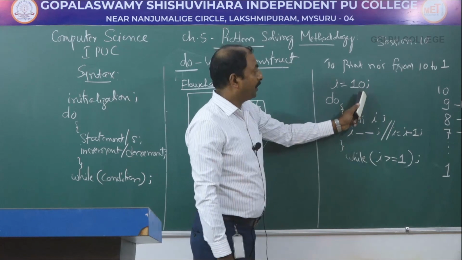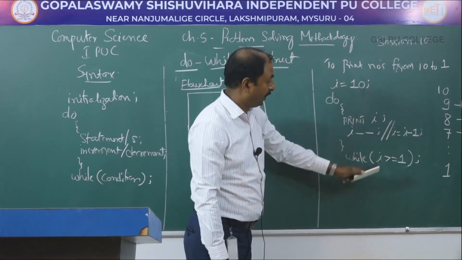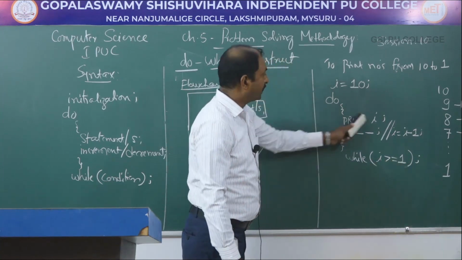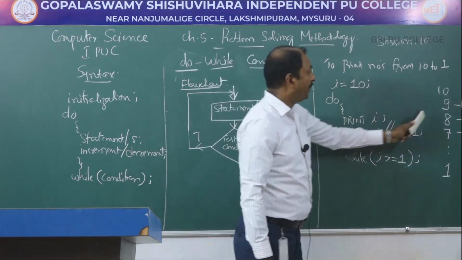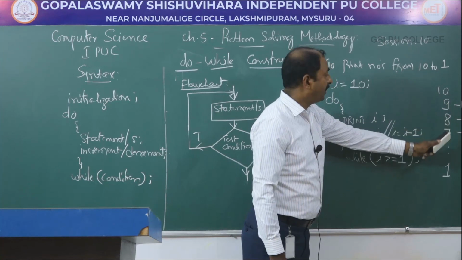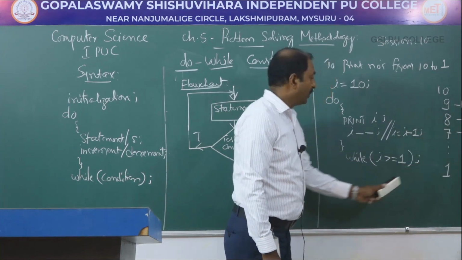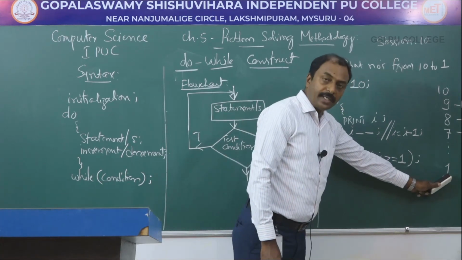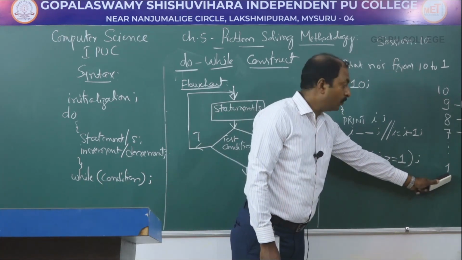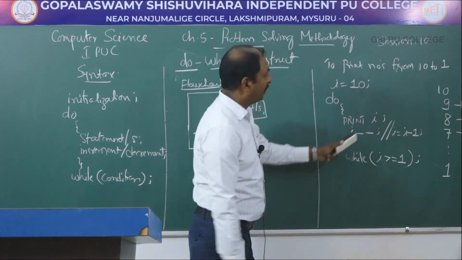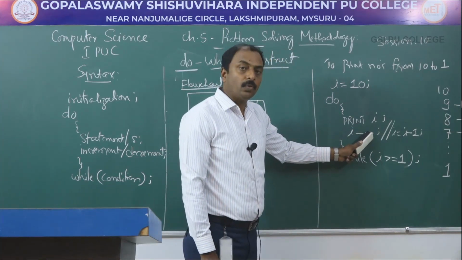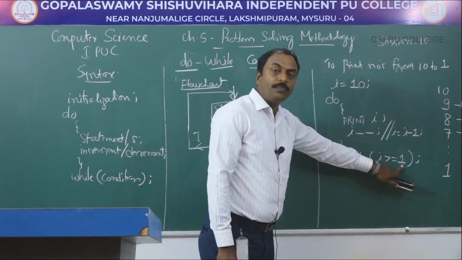So after printing 10, it becomes 9. 9 is greater than or equal to 1, true. It enters the loop, prints the value of I as 9. Similarly 8, 7, it goes like this. After printing the value of I as 1, I minus minus makes the value of I 0. 1 minus 1 is 0.